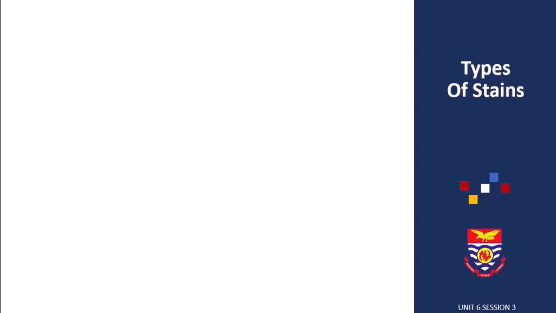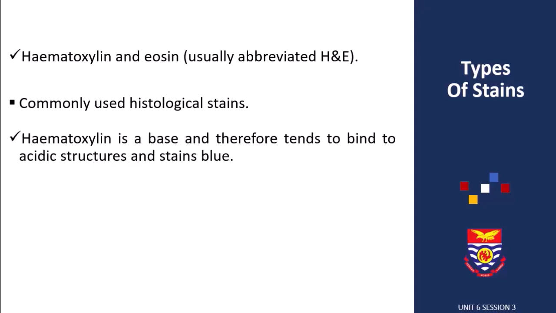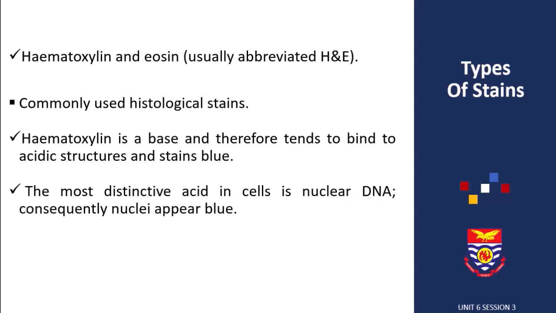There are several types of stain and each can be used for a particular purpose. The two major ones we will be looking at are hematoxylin and eosin, which are usually abbreviated as H and E. These are commonly used histological stains. Hematoxylin is a basic dye and therefore tends to bind to acidic structures and stain such structures blue.